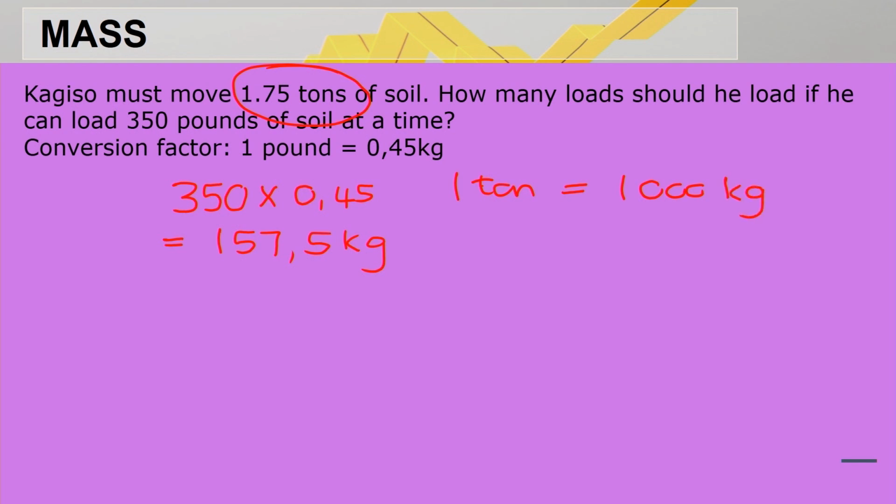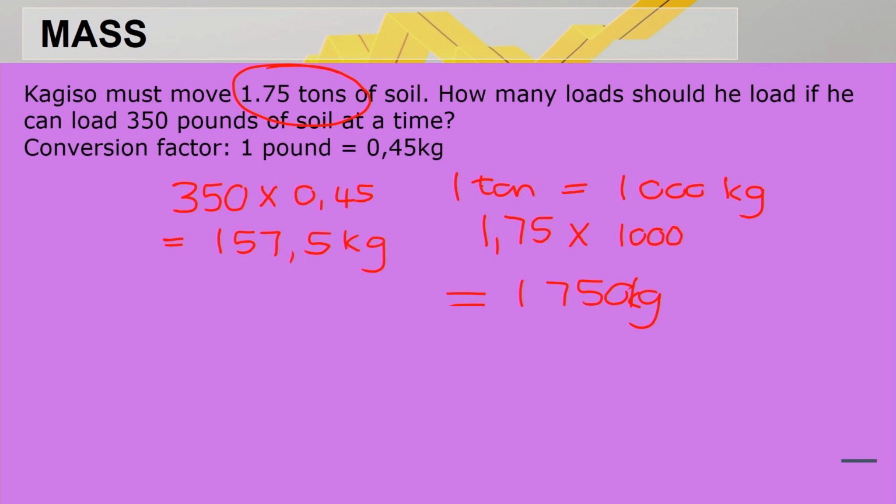Okay, and he must move 1.75, so it's going to be 1.75 times 1,000. Sorry for that. And that gives us 1,750 kilograms.